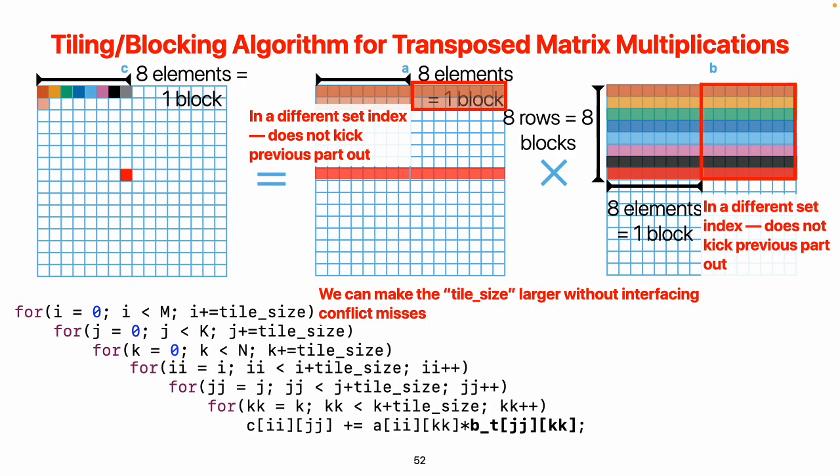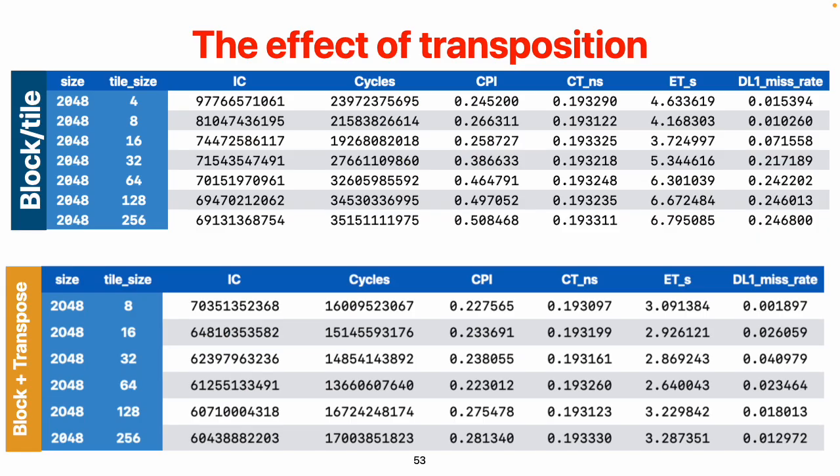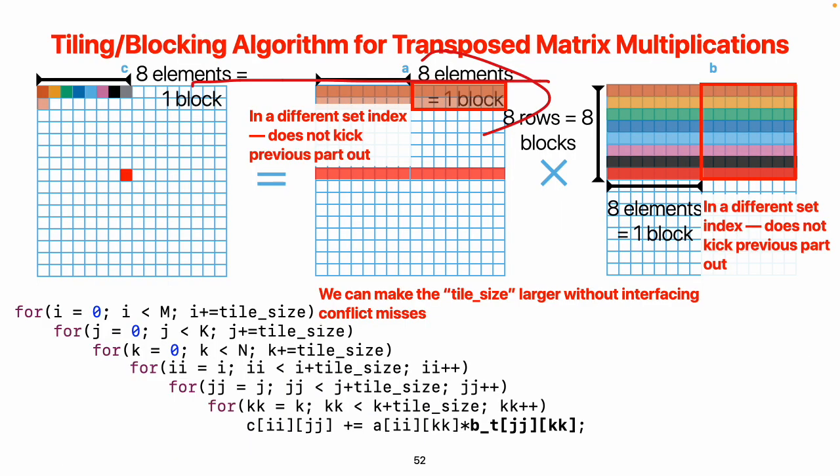So first of all, it will remove conflict misses, right? And then if I can have it go through this way, I can potentially make it work out with a larger tile size. So let's take a look at how effective matrix transposition is.